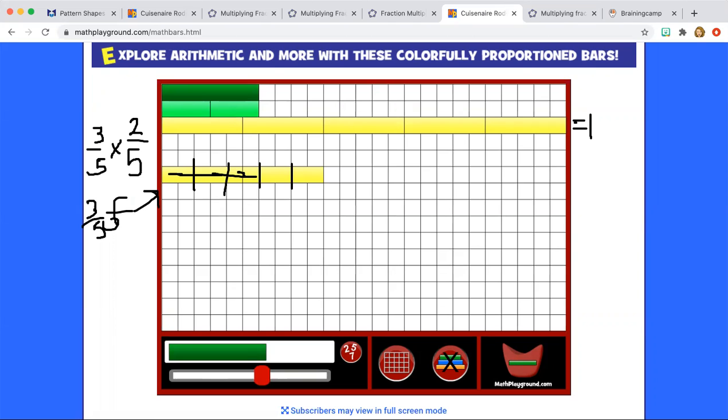Here we showed, right, there are 2/5 cut into 5 equal parts, and we wanted 3 of them because that's what it says, 3/5. Can you do 3/5 cut into 5 equal parts, and then you want 2 of those 5 equal parts, right? If you're doing 2/5 of 3/5, do you get the same 6/25?